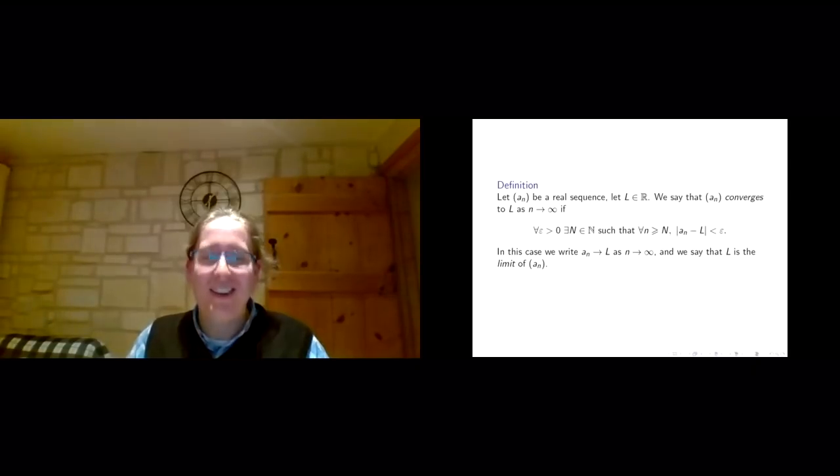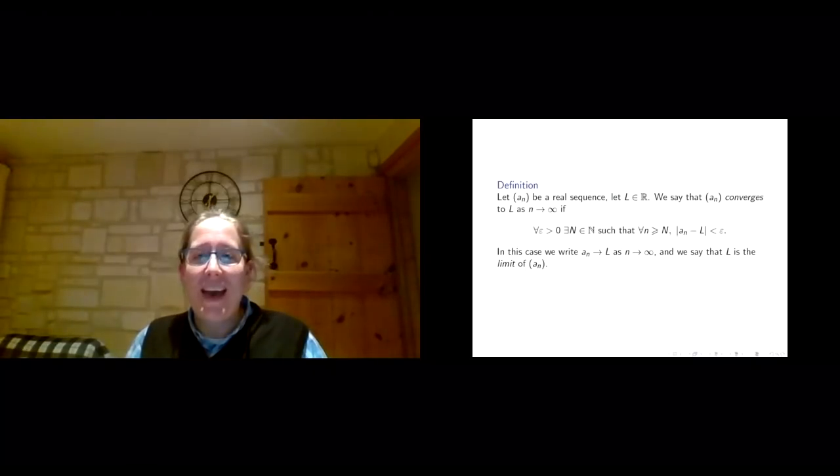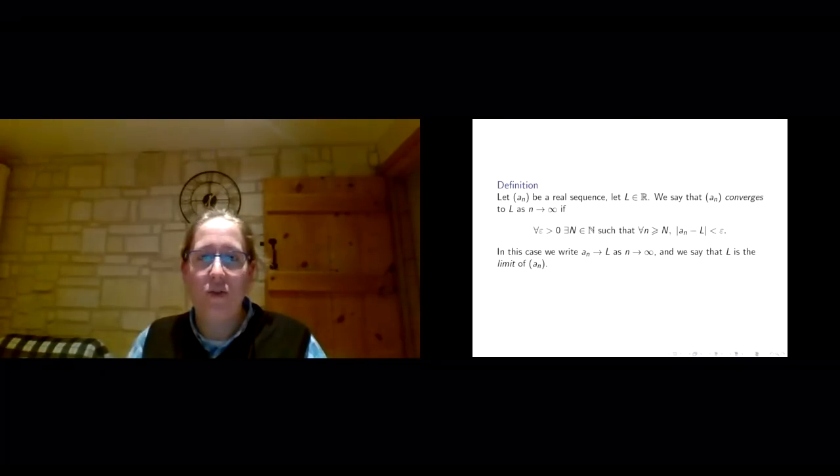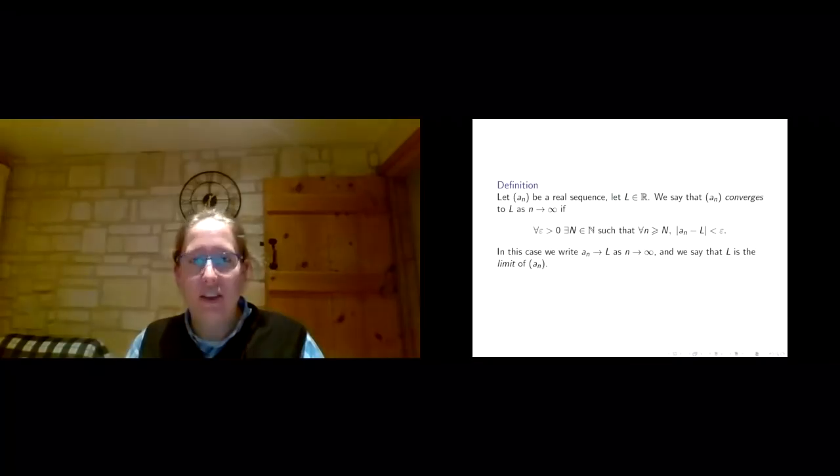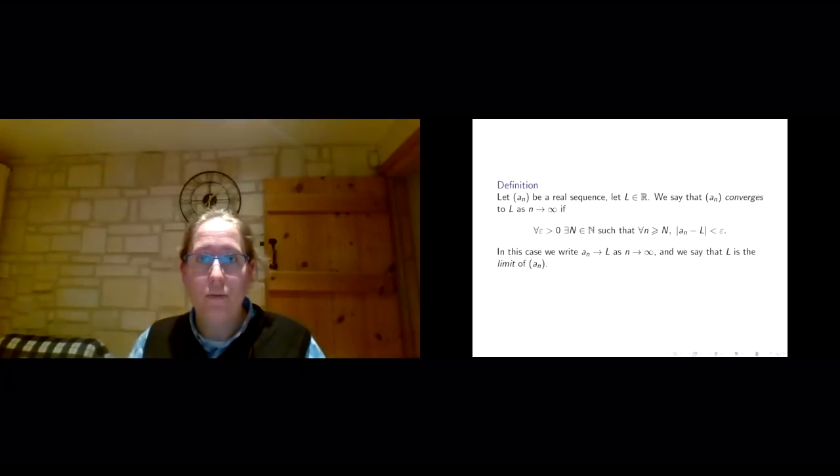So, definition: let a_n be a real sequence and let L be a real number. We say that the sequence a_n converges to L as n tends to infinity if, for all epsilon greater than 0, there exists a natural number N such that, for all little n greater than or equal to capital N, the absolute value of a_n minus L is less than epsilon.